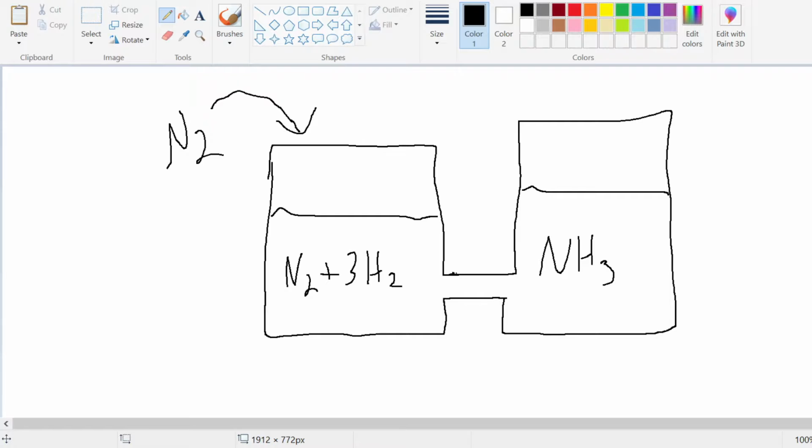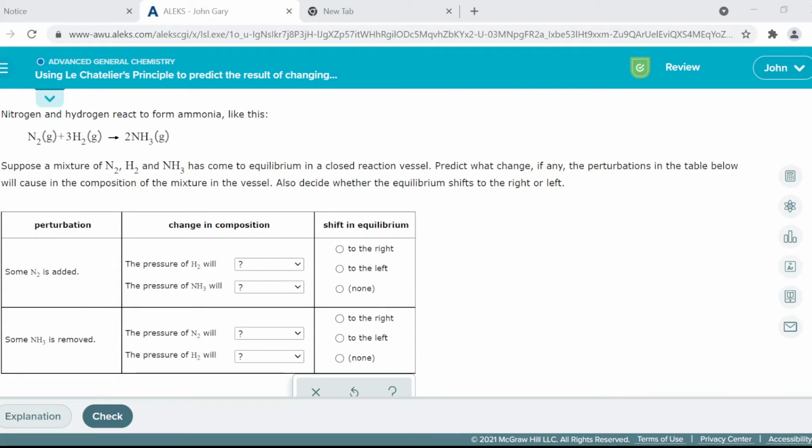If I put in more N2, it's going to use up H2, because every one N2 uses 3 H2s, right? So when I add N2 to this left side, it's going to decrease the amount of H2 that I have. So let's say pressure of H2 will decrease, will go down.